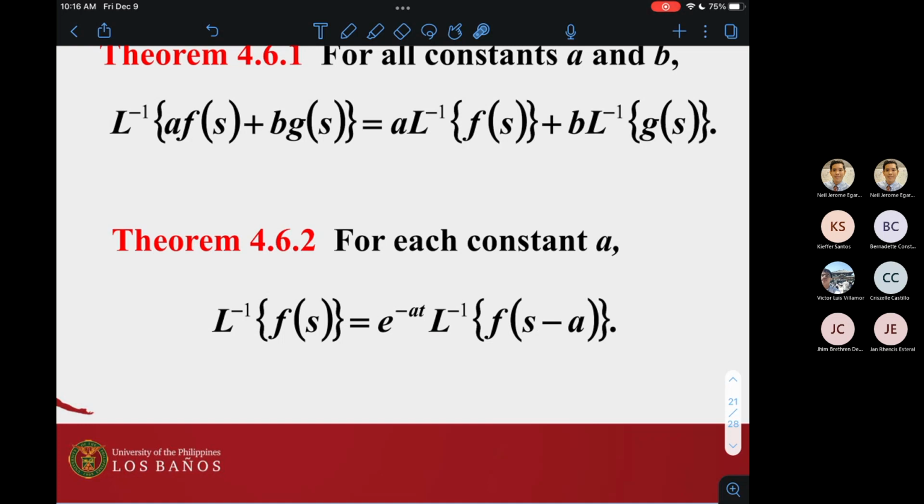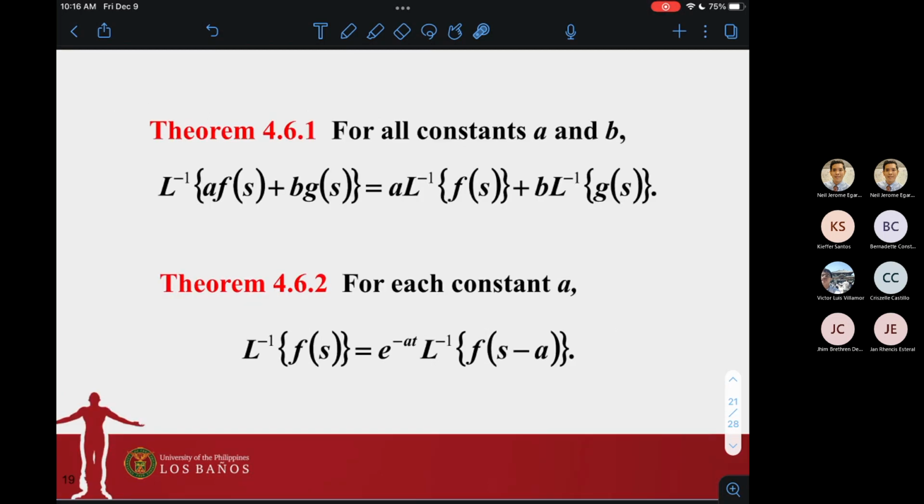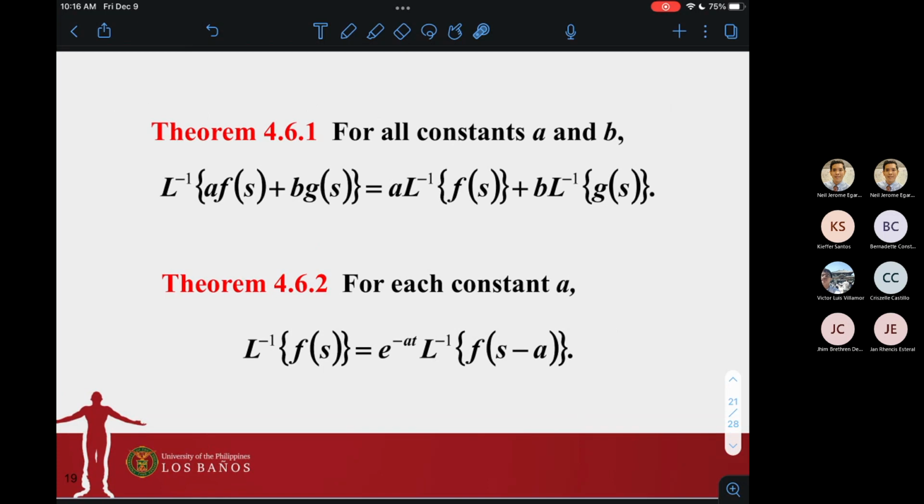Okay? So pakitandaan itong dalawa, if you need to screenshot it and put it in front of you while we're answering some problems, kindly do so kasi gamit na gamit natin itong mga theorem na to in our discussions. Okay? So there are, I think, 6 examples here in the slides. But since hindi naman ako nagmamadali, I want to answer them step by step.